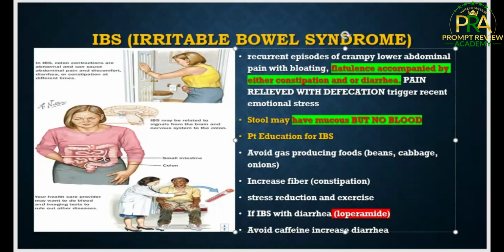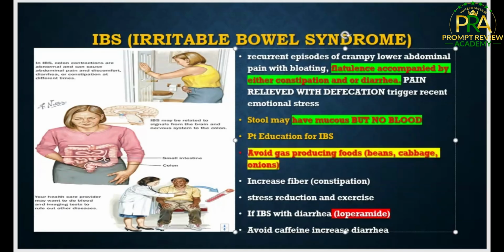There is no bleeding, and there is a normal colonoscopy. And it can be triggered by stress, it can be triggered by the food they ate. Okay, so that is why they said avoid onions, and sometimes you need to know some of these things. Avoid gas forming food. So that is the summary.